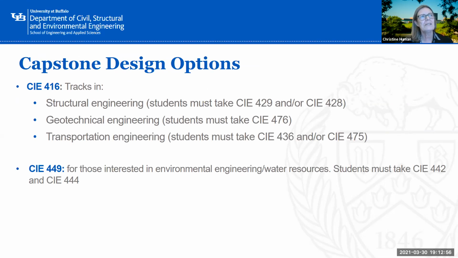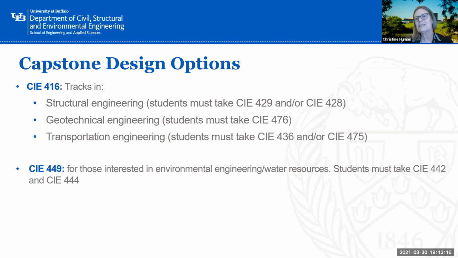But the way CIE 416 is set up now, there are three main components: a structural engineering component, a geotechnical engineering component, and a transportation engineering component. Based upon the design electives that you take and pass, that will determine which component of the capstone you can participate in.